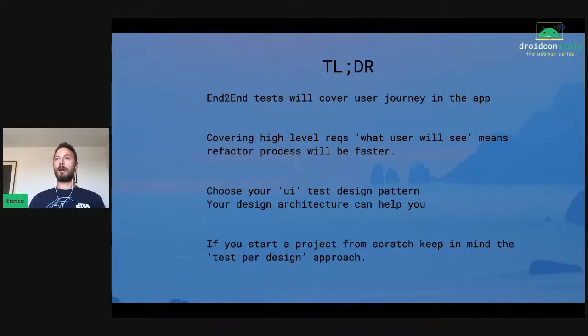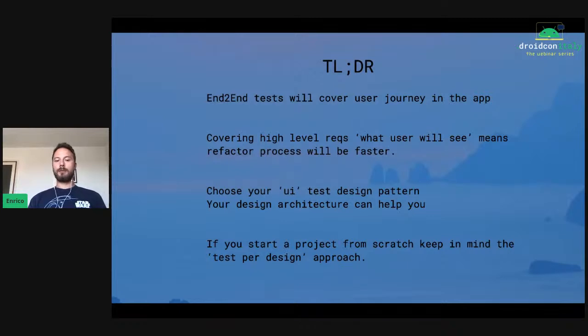And it will be better for you, because you know that the requirements of the story, the requirements of that feature, are covered. And if you are approaching a new feature or a new project, try to choose a UI test pattern, right? Based on the architecture that you would like to use for the code base. So if you have, for example, MVVM, try to extrapolate a UI test design pattern that gives you the possibility to test very fast, right?